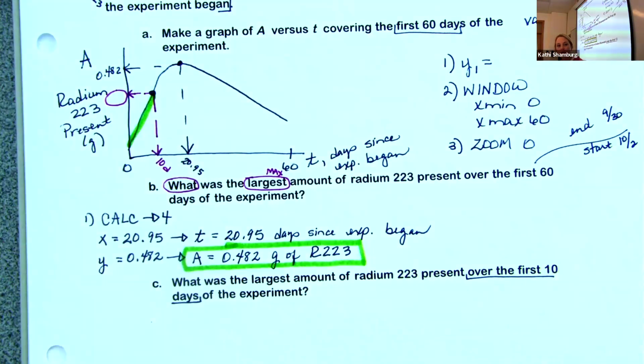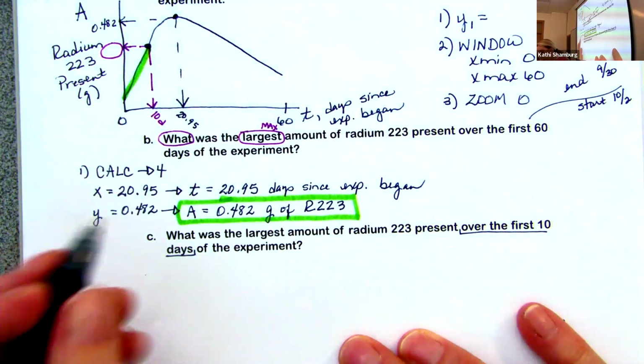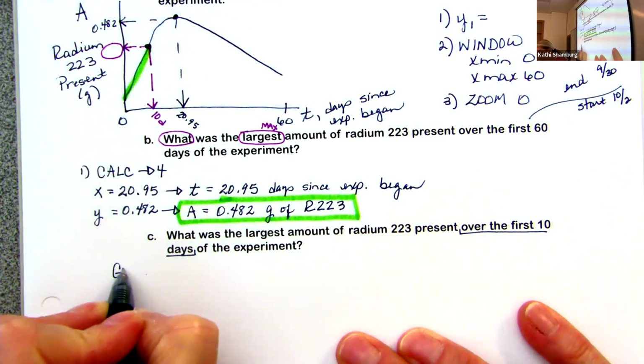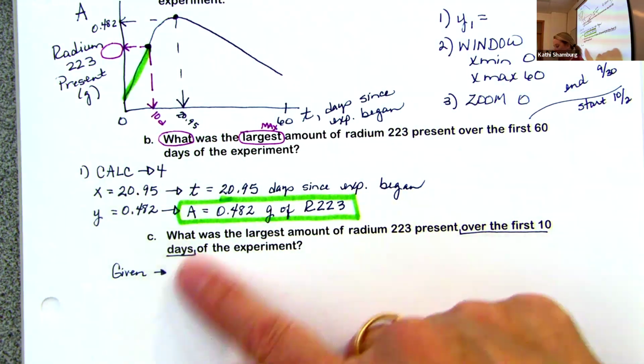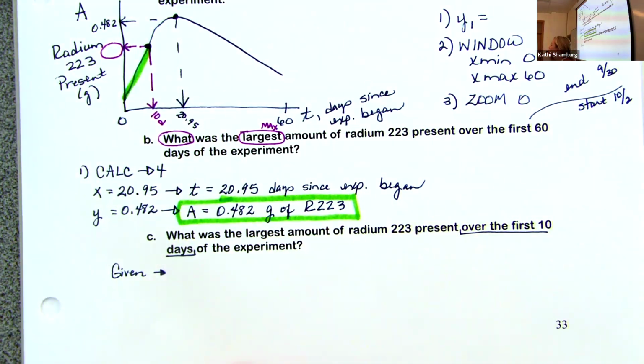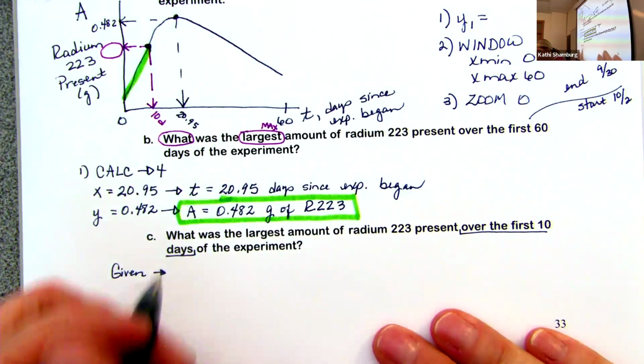So in this particular problem on part C, what was given? When you read down here, what's given? 10 days, right? Did they give me variable or function value? Yeah. Variable value.